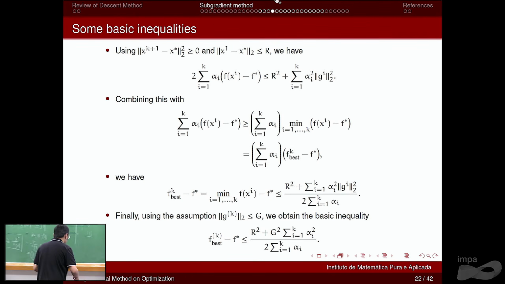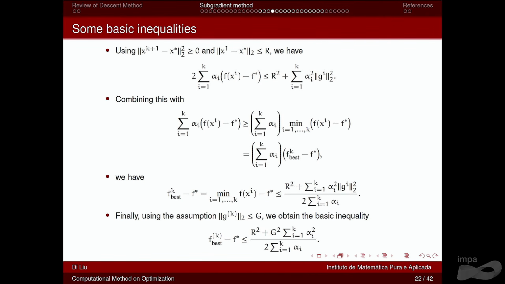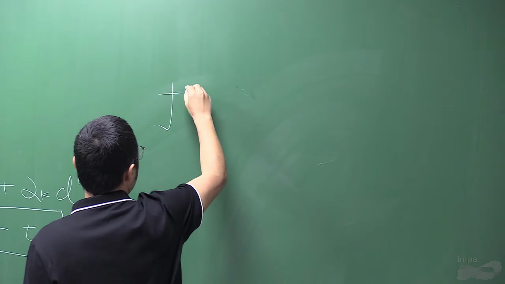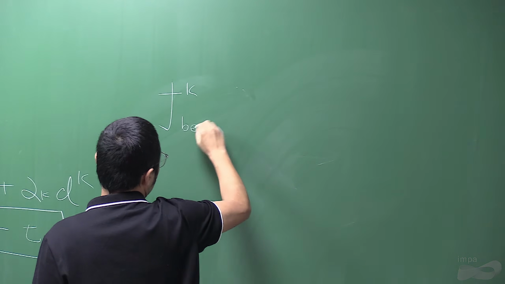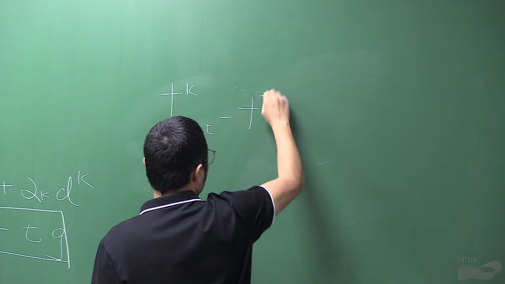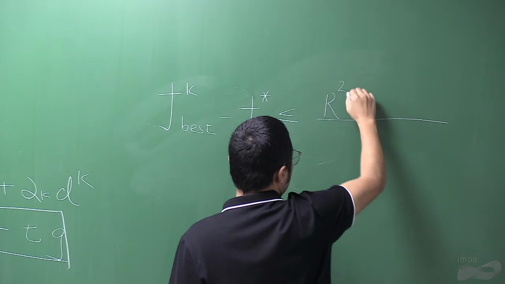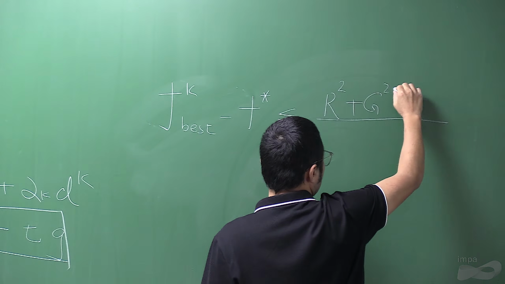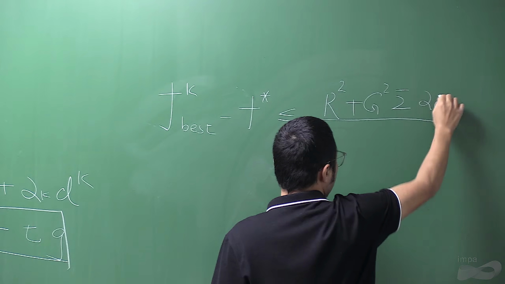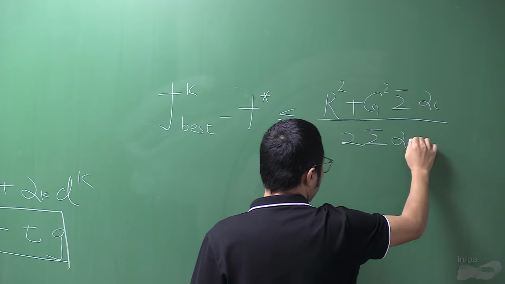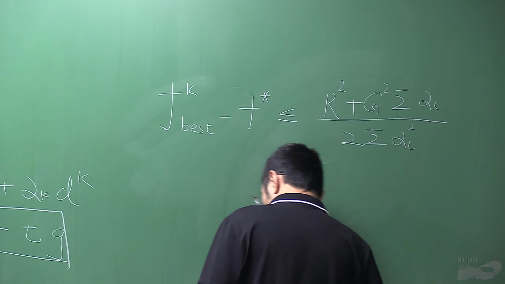Actually, we can write it here. So we have this basic inequality: f k best minus f star is less than the fraction, R square plus G square times the summation of alpha i square, over 2 times the summation of alpha i.